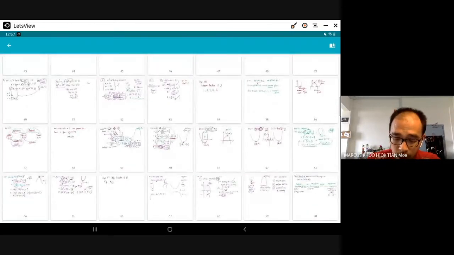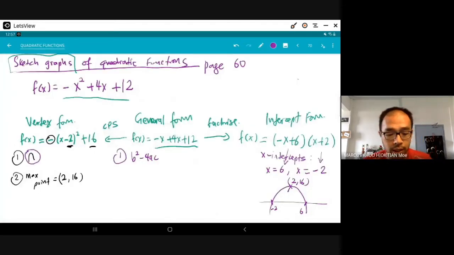So when we calculate this, what is my b squared minus 4ac? 4 squared minus 4 times negative 1 times 12. Sorry, I'm kind of rushing, so I have no time to ask everyone to calculate this, which I usually do. I want to finish this chapter, really. So, sorry, I'm rushing.